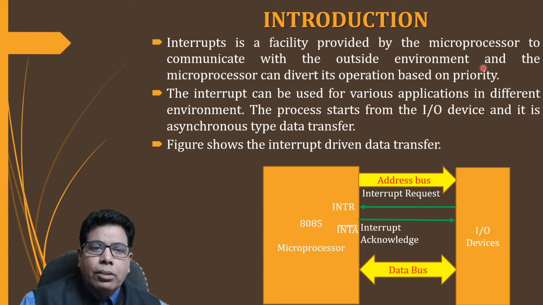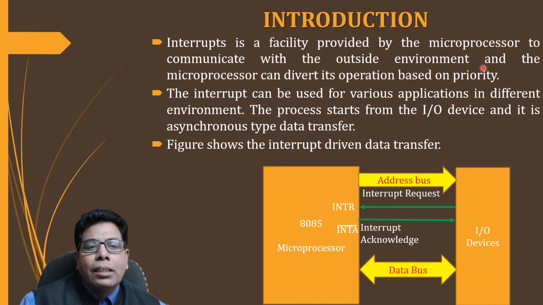Now the microprocessor will generally be busy executing programs, so the microprocessor can divert its operation based on the priority of the interrupts. Interrupts can be used for various applications in different environments.